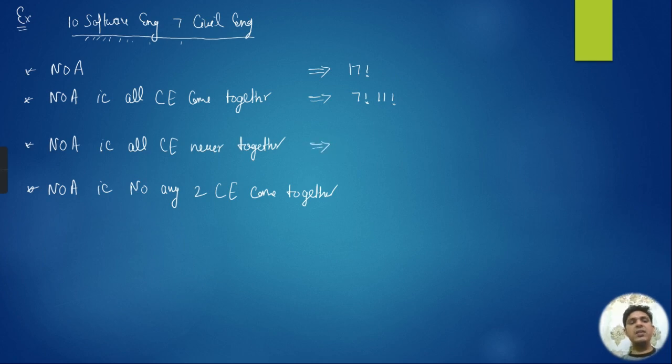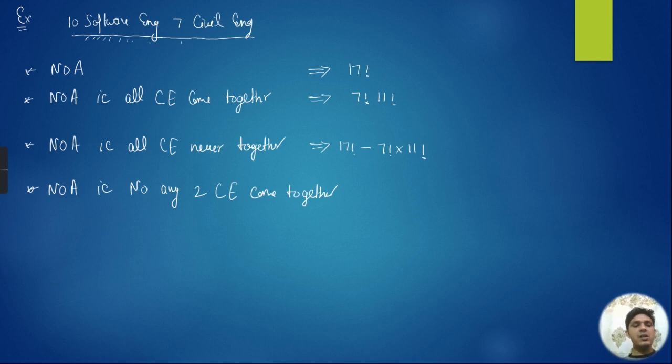Now the third question is the number of arrangements such that all civil engineers never come together. Students, we have already discussed the formula for this. This is the total number of arrangements, that is factorial 17, minus the number of arrangements in which all civil engineers come together. So students, this will be the answer, right?